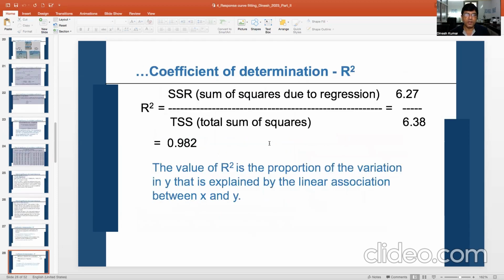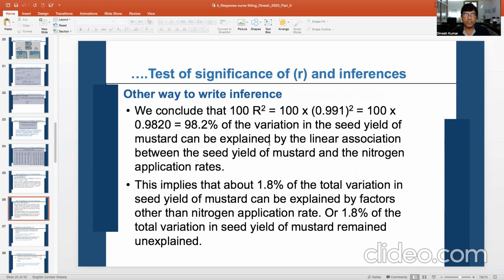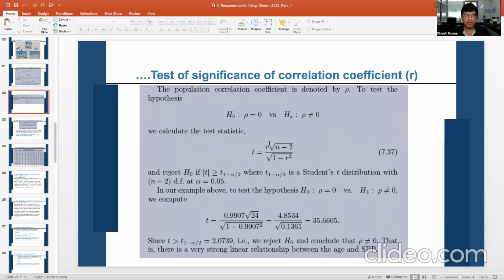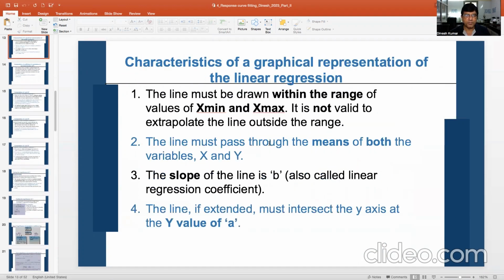So now we go to the coefficient of determination. Today your class starts from here, the coefficient of determination. I want to show you in the table what the coefficient of determination is.